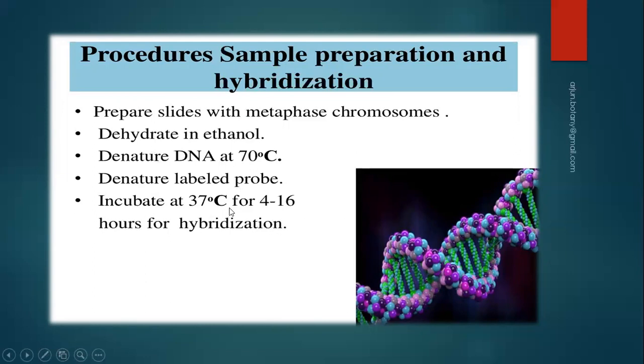After that, the labeled probe is also denatured. Then the whole slide is incubated at 30 degrees centigrade for 4 to 16 hours for in situ hybridization, because as I have already told, in chromosome painting the fluorescence in situ hybridization technique is applied.